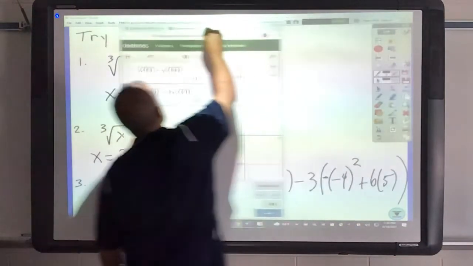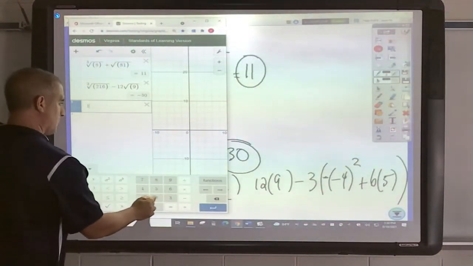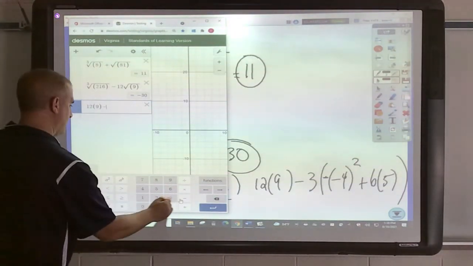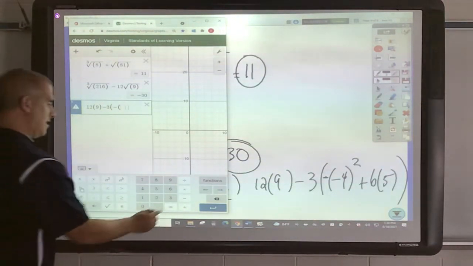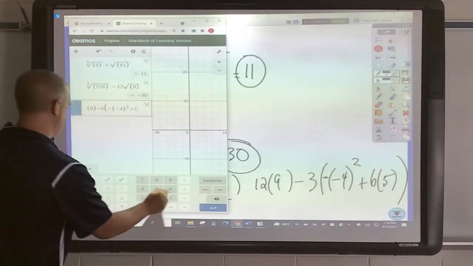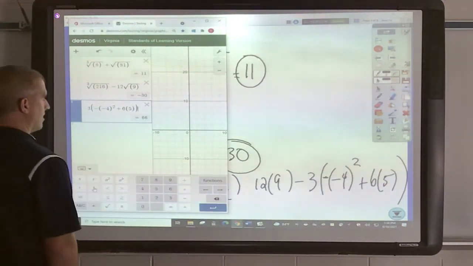No. But if it helps you get the problem right and you're getting mistakes, that's what you should do. So 12, parentheses, 9, minus 3, parentheses, the negative, then parentheses again, negative 4, close them, squared, plus 6, parentheses, 5, and then an extra set. The answer is 66.